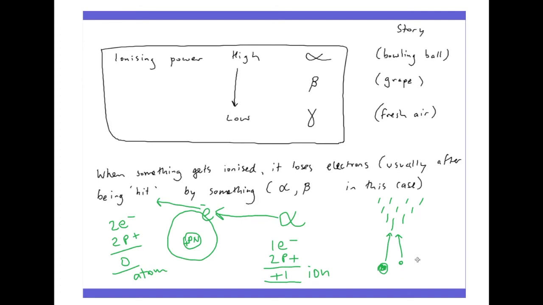Imagine I pulled out some fresh air and bowled it at the pins. That's not going to knock them over, is it? So gamma is not going to knock any electrons off, and if it can't, it's not going to ionize anything, or at least not very easily. So gamma has a really low ionizing power.